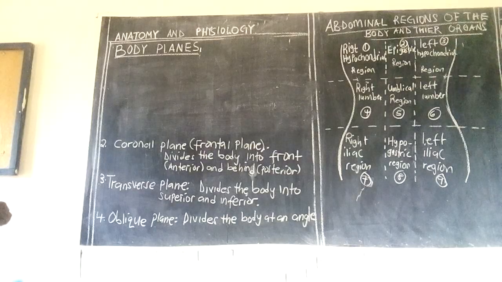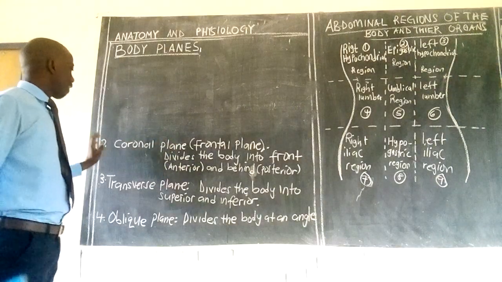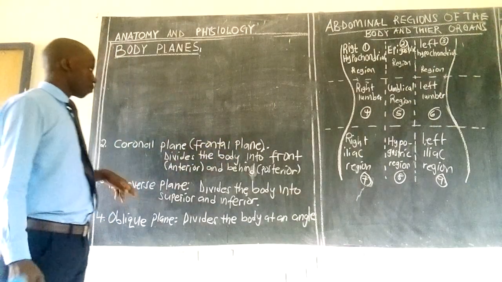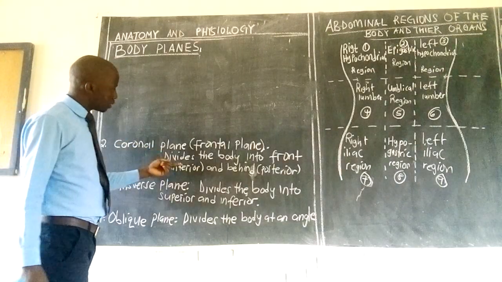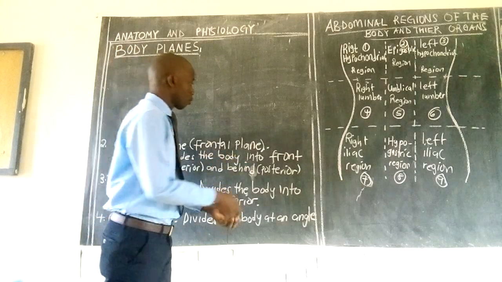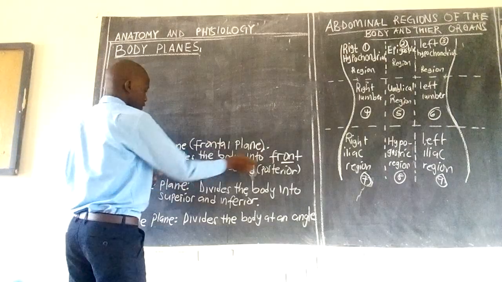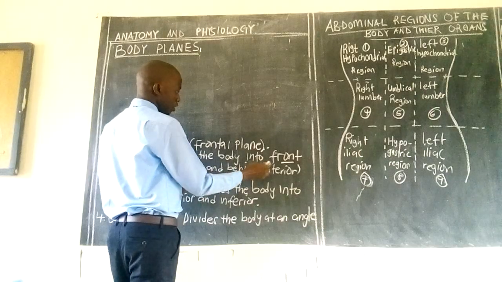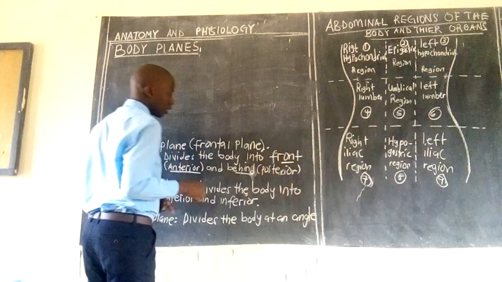Then we shall go to what we call the coronal plane, or what we call the frontal plane. The coronal plane divides the body into the front, which in our terms we say means anterior, and behind, which is the posterior.